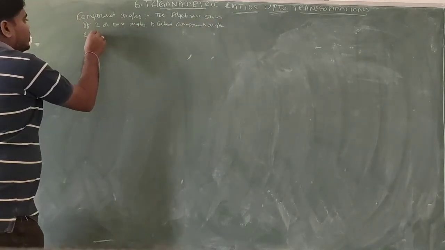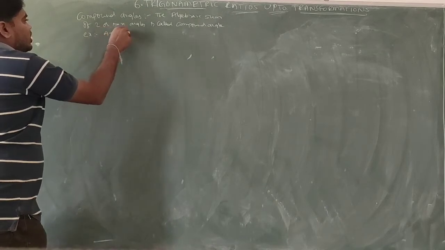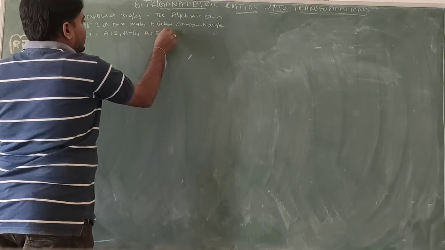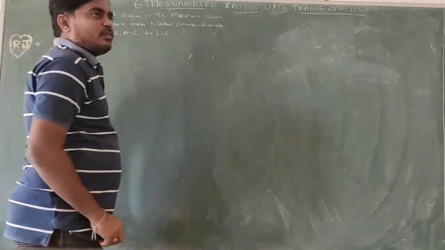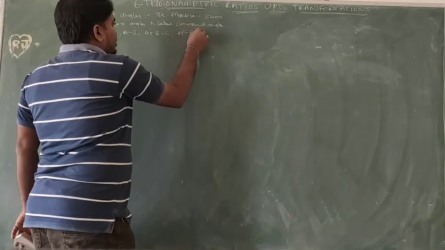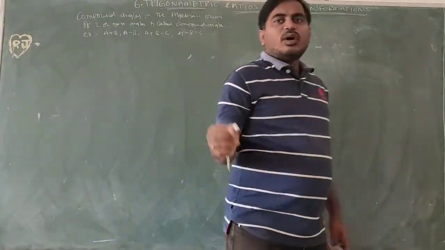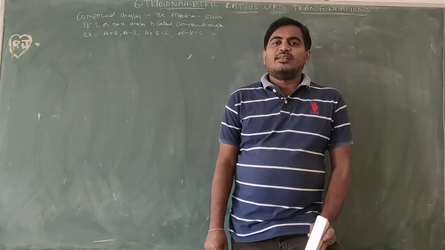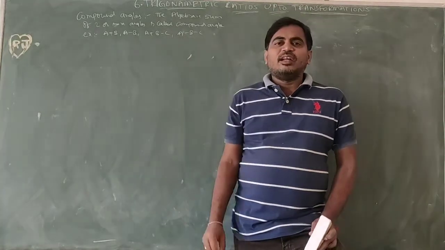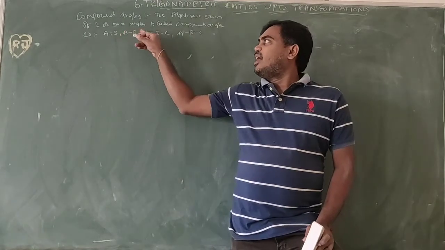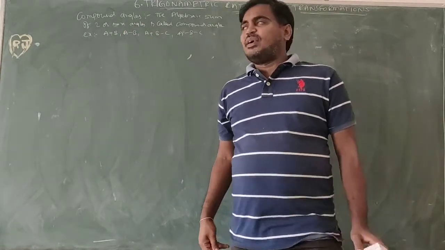Examples: A plus B, A minus B, A plus B minus C. This is an algebraic sum of two or more angles. So A minus B minus C and A minus B plus C, all these are called algebraic sums. So this is called compound angles. A difference is one kind of addition: A plus B, A minus B, we can write it as A plus of minus B.